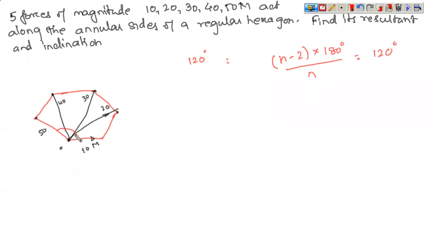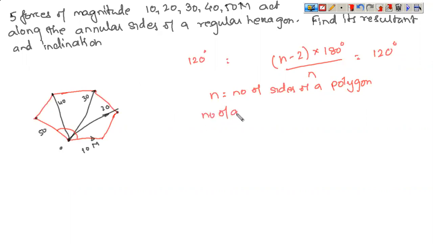Now this has to be divided into how many parts? This is one part, this is the second part, this is the third part, and this is the fourth part. So if n is the number of sides of a polygon, then the interior angle can be found out by this formula, and it is divided by the number of angles.